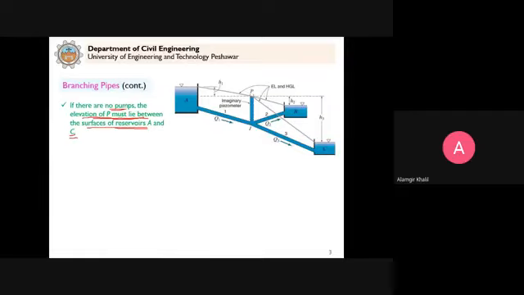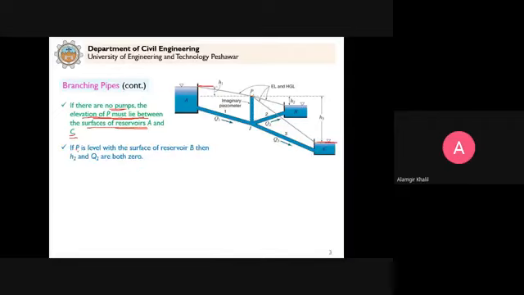You can see here this is point P. This is the surface reservoir elevation of A, and this is C. Clear? So P is always between the two if there are no pumps. So we will discuss different cases. In all the cases, this elevation P will be between the surface elevations of reservoirs A and C.